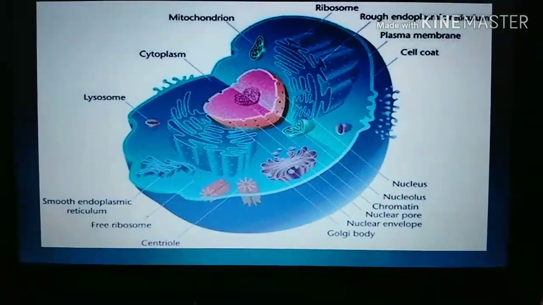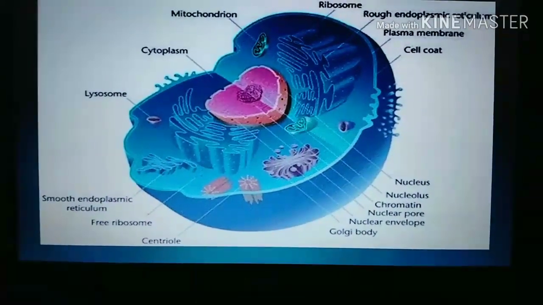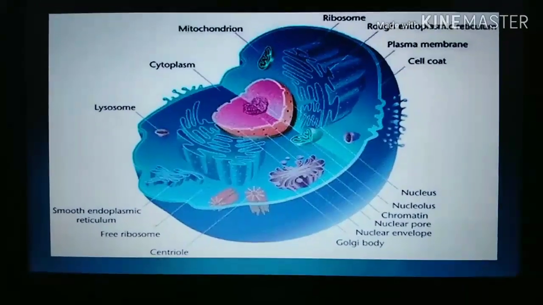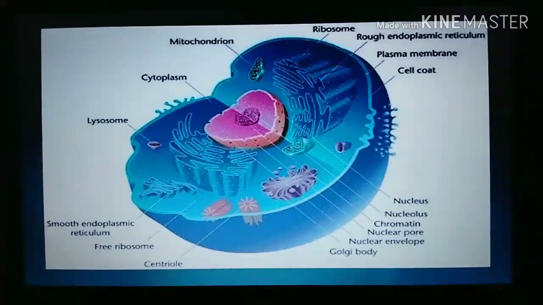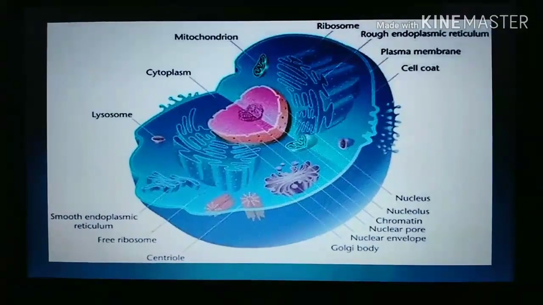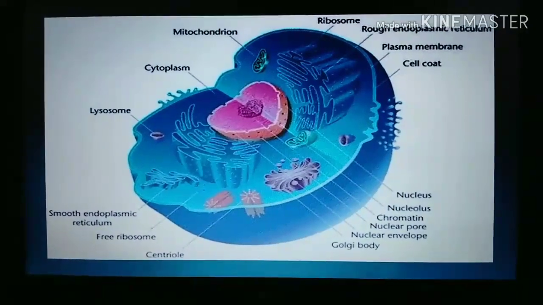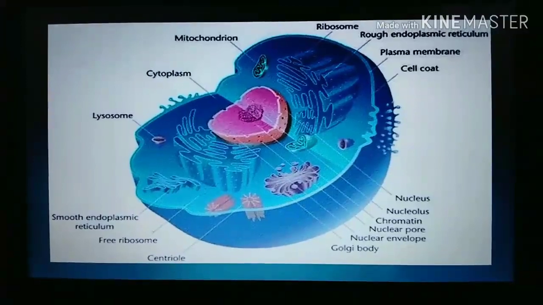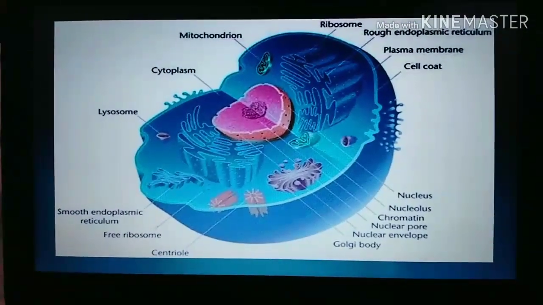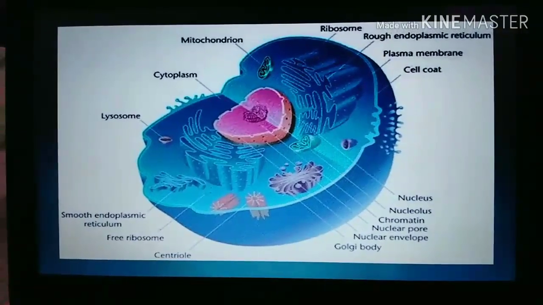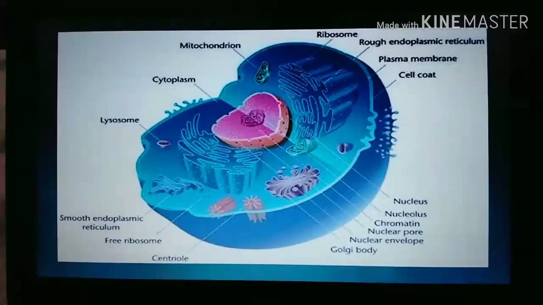The plasma membrane envelops the cell, the outermost covering of the cell, which protects and separates the cell from the external environment. The cell membrane has a selective permeability, meaning only certain substances may enter and leave the cell.